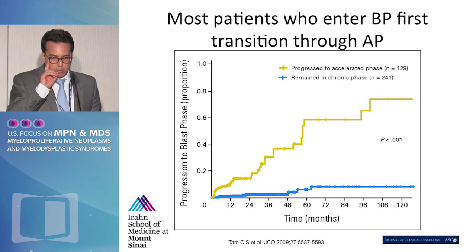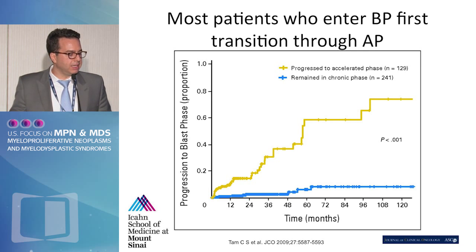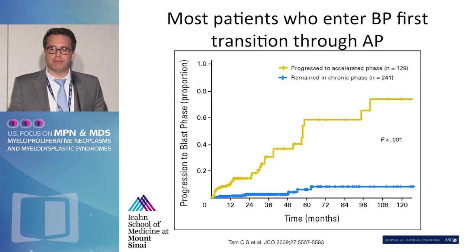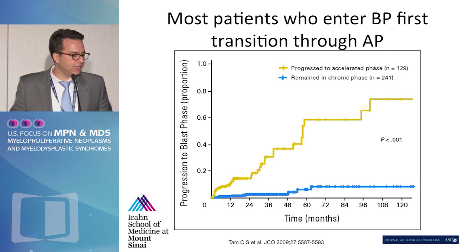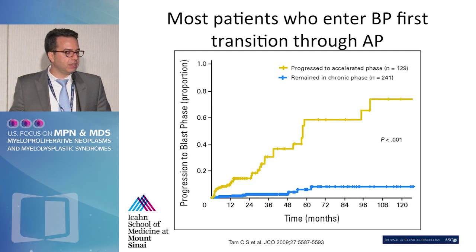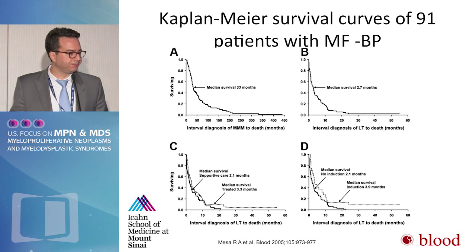Probably more importantly, and the reason why I show this slide, is that if you remained in chronic phase, meaning that you didn't acquire any of these features, the overall risk of developing leukemia was quite low, 3% over a 10-year period, whereas it was a continuous risk of progression to AML in patients who acquired these risk factors or acquired the accelerated phase state that they defined within this retrospective study.